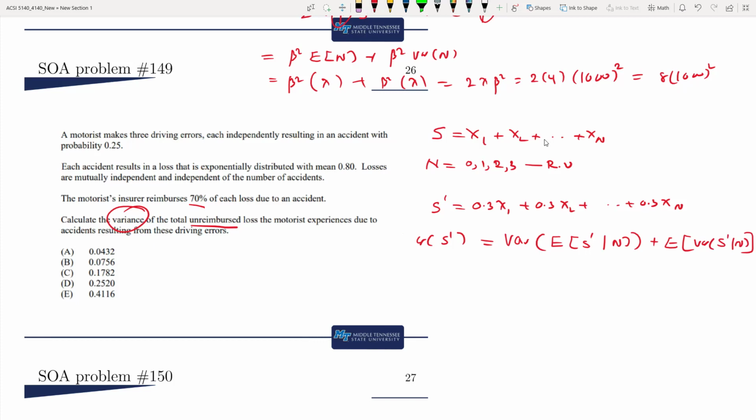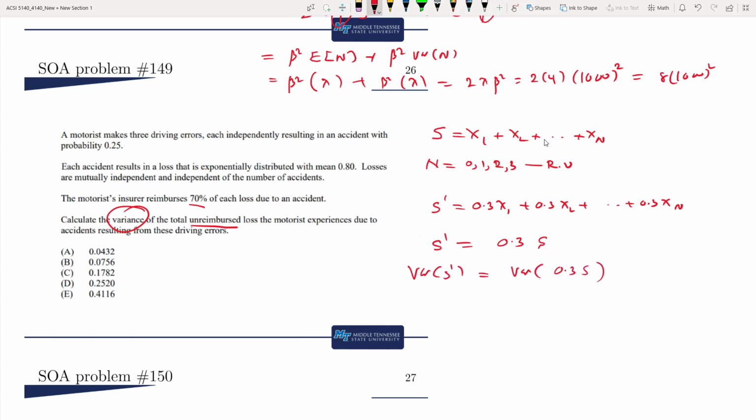Actually, we can do something easy. This is basically S prime, and if you look at this, it's 0.3 times S. So variance of S prime is going to be variance of 0.3 times S, which is 0.3 squared times variance of S. So if I know variance of S, then all I have to do is substitute here.